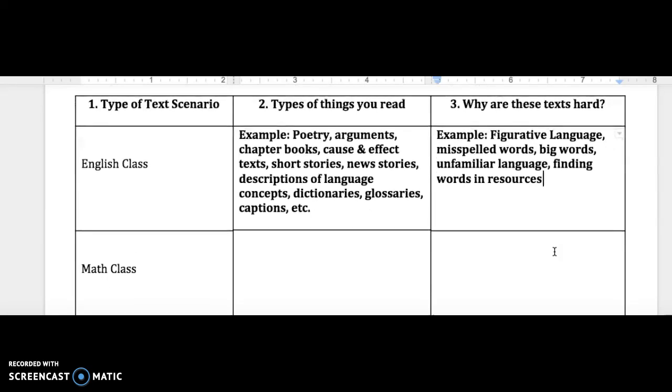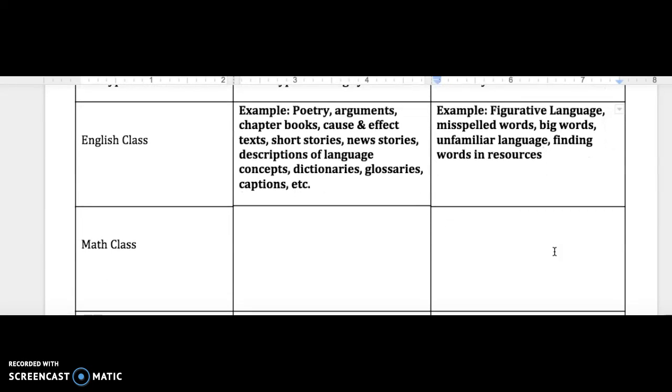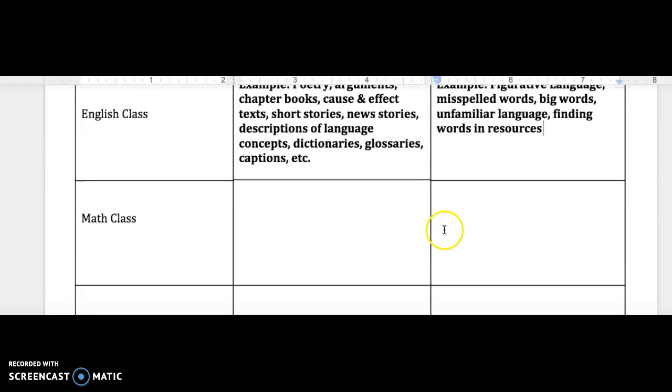So you could go ahead and take some time on your own and complete the types of things that you read in math class. Maybe read about some word problems or something like that. And maybe there's specific reasons why those texts are hard. So you put a few of the texts you read in here, and then why those texts could be hard in this box right here.